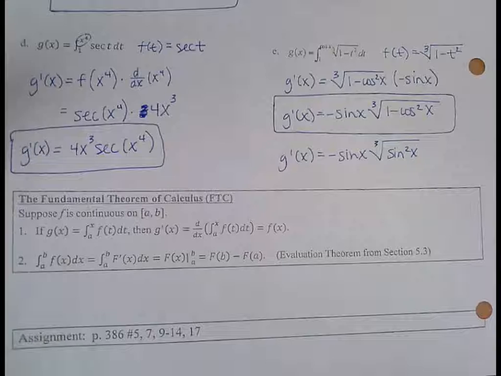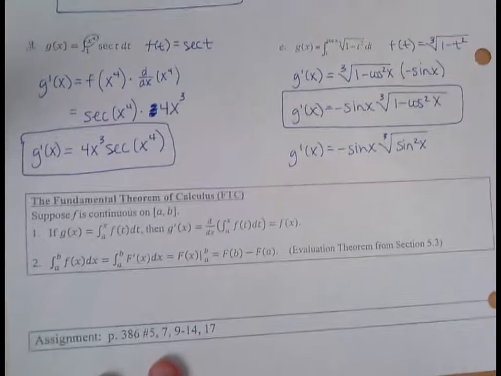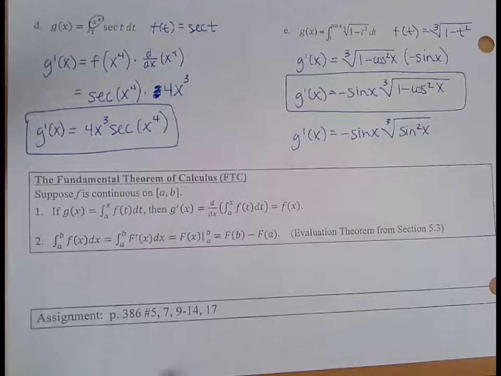So the idea with the first part is, or here's kind of the goal that we talked about yesterday as well. I have the entire fundamental theorem here. So you're supposing f is continuous on the closed interval from a to b. The first part says that a derivative cancels out an integral.